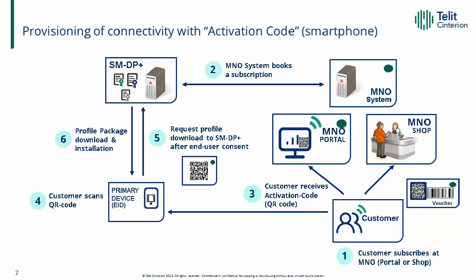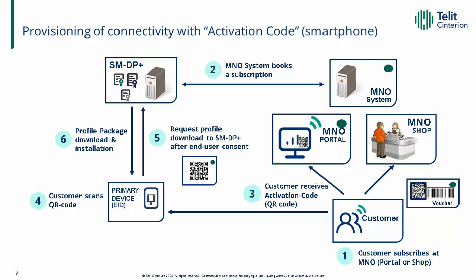But instead of getting a physical SIM, you will get a voucher, right? And then with the voucher released to you, the MNO, in the second step, will book a subscription on their back end, that is the SMDP Plus server, and then prepare the SIM profile for you.